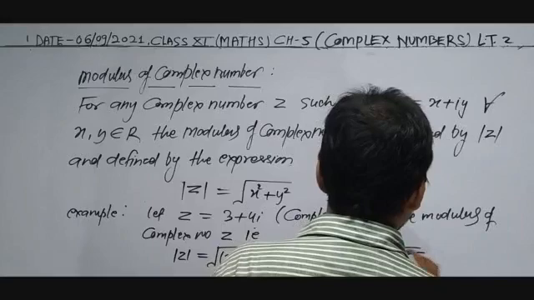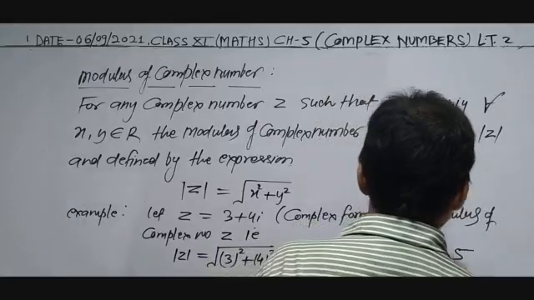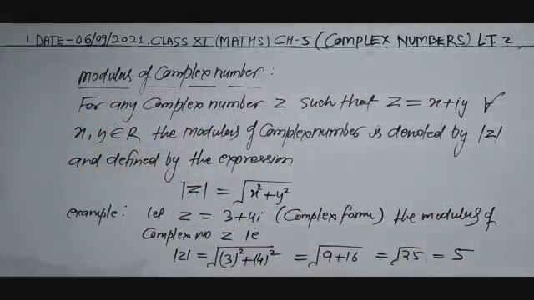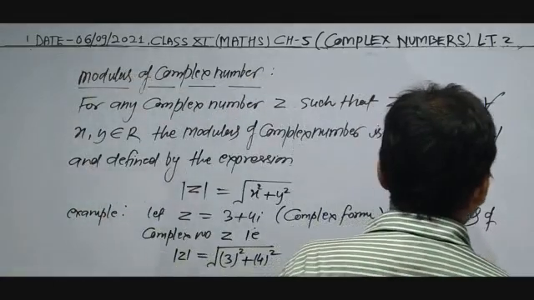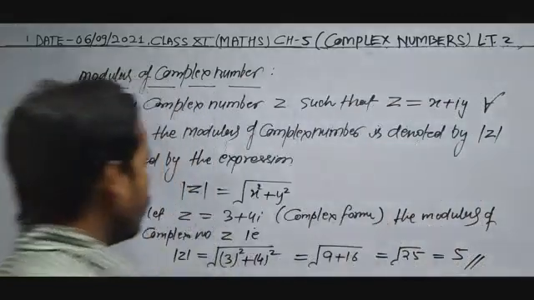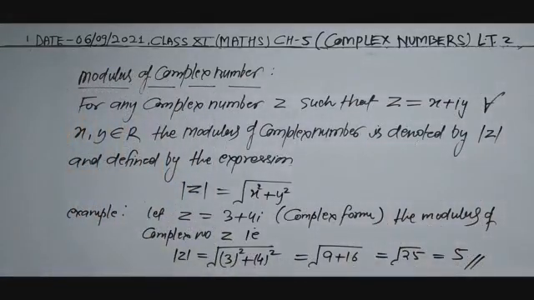The result is root over 25. This implies 5. So the modulus of z will be equal to 5. This is the modulus.